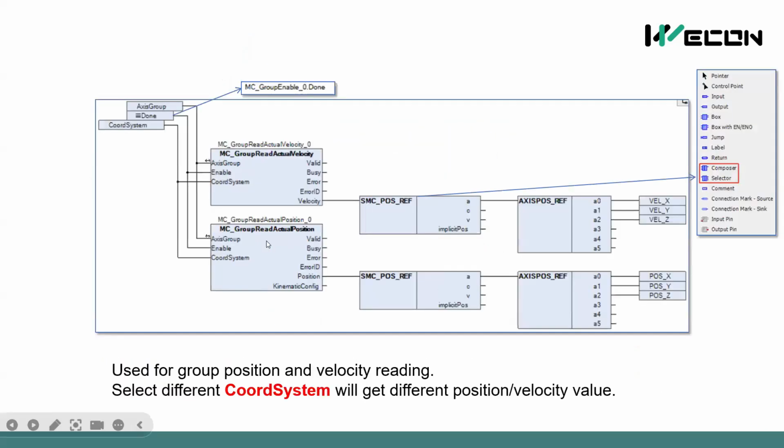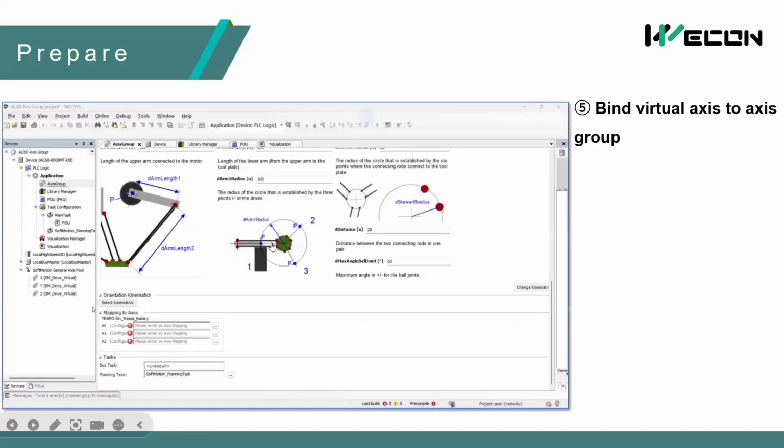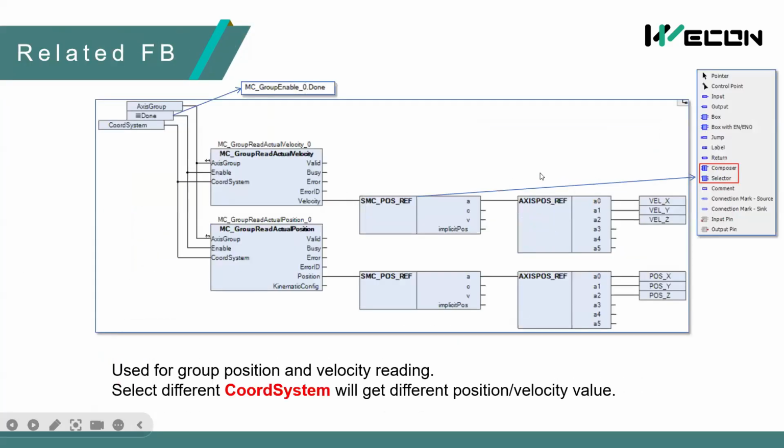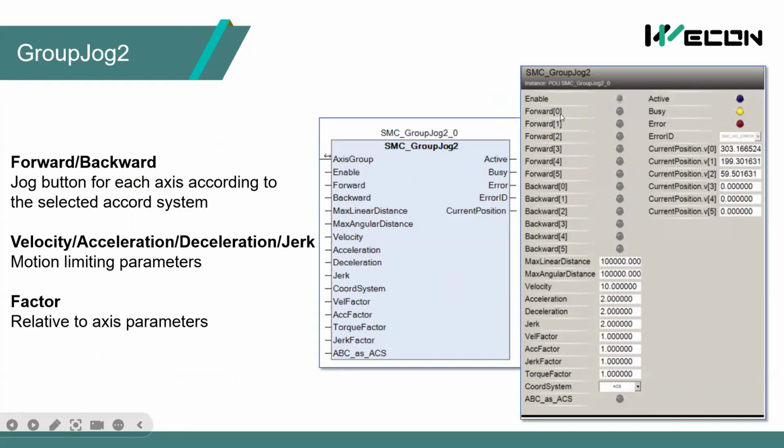For this system, we only need to set the first three: forward 0, forward 1, forward 2, and backward 0, 1, 2 for the 3 axis movement. And for ACS, it means the control is based on the axis, and MCS is based on the whole system.